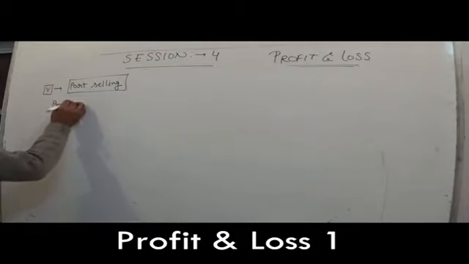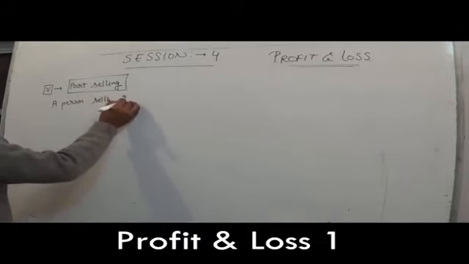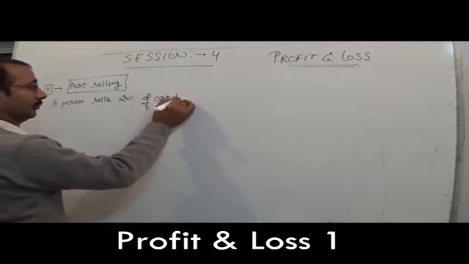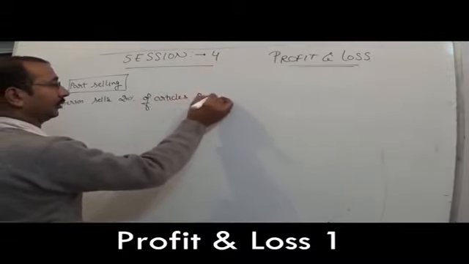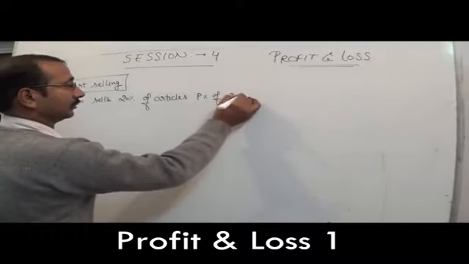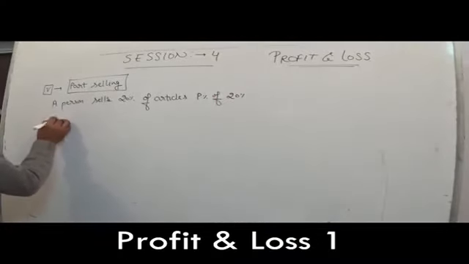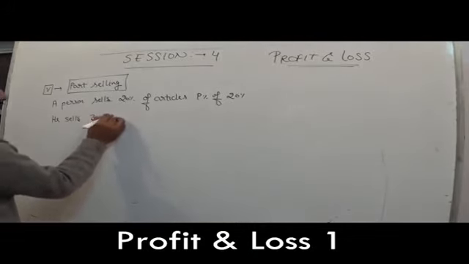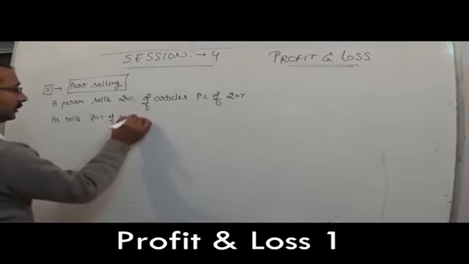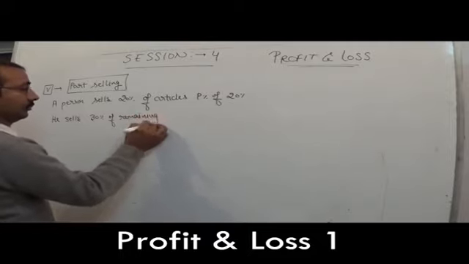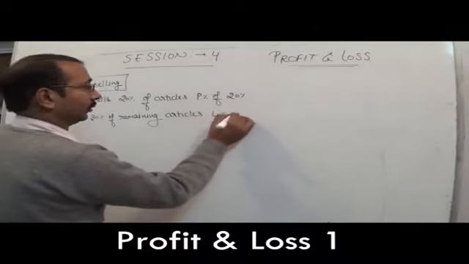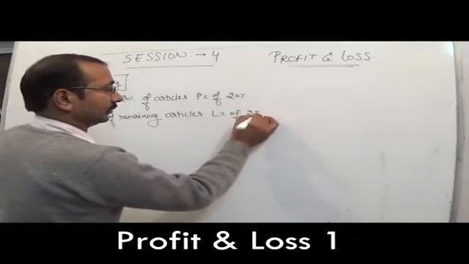A person sells 20% of articles at a profit percent of 20%. He sells 30% of remaining articles at a loss percent of 25%.